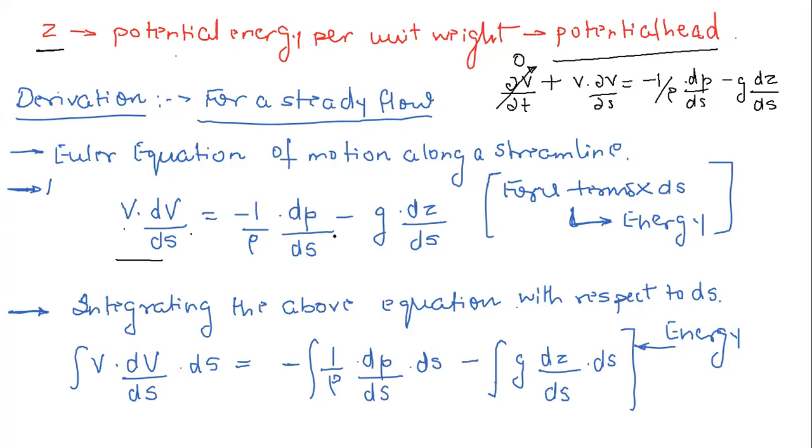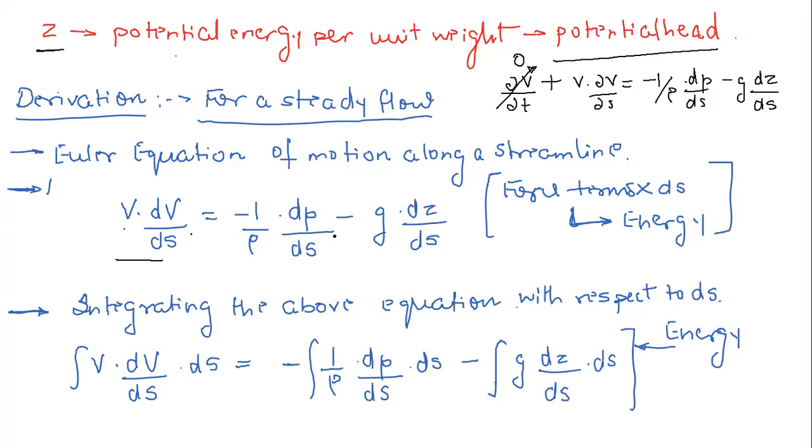So now we are discussing everything with respect to energy. We are saying the mechanical energy along a streamline is going to be constant. That means we have to include the energy term in our equation, converting this force per unit mass equation into an energy equation.